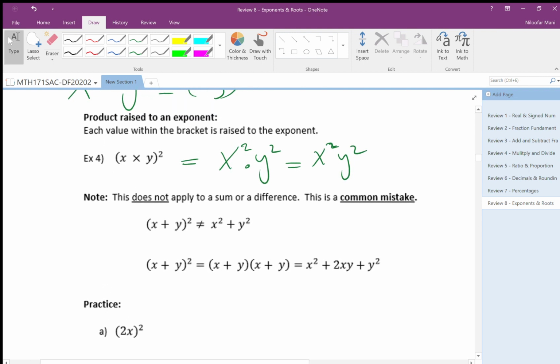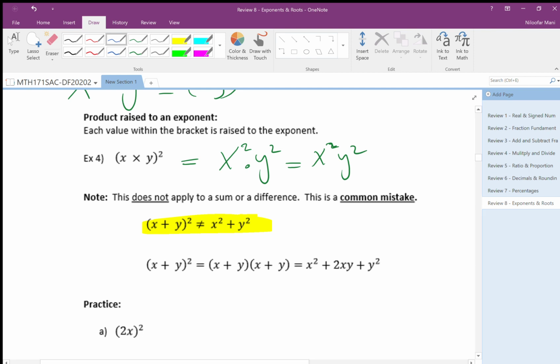How about this one? Many times I see this mistake, even in Math 273, when we are marking final exams. Once in a while I see this mistake, and that's wrong.